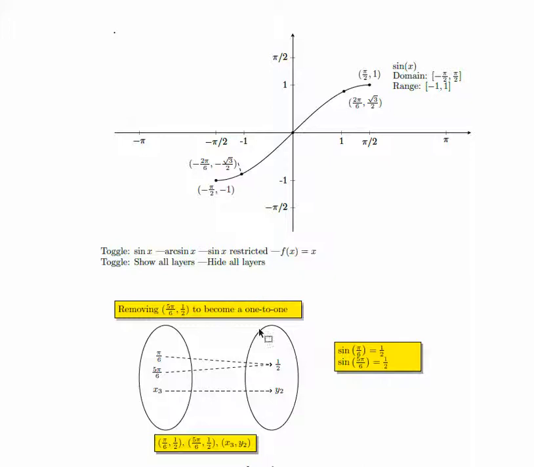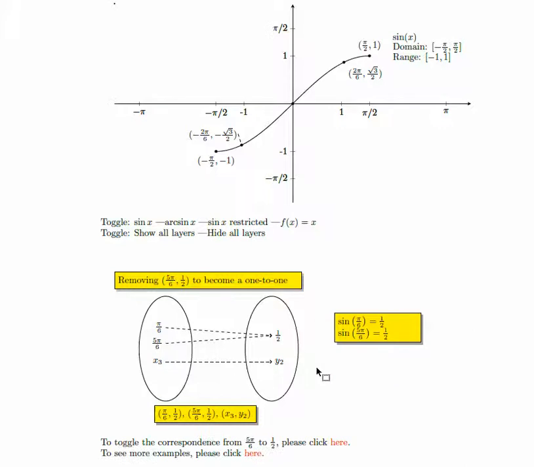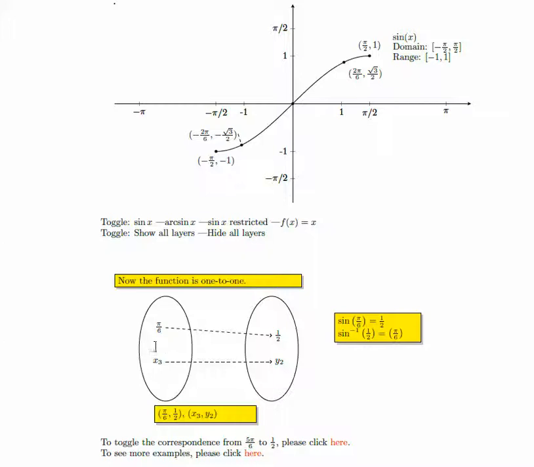On this graph, you need to remove this dashed line. Let me remove that by clicking here. So this dashed line at 5 pi over 6 is removed. You see here? Removed.